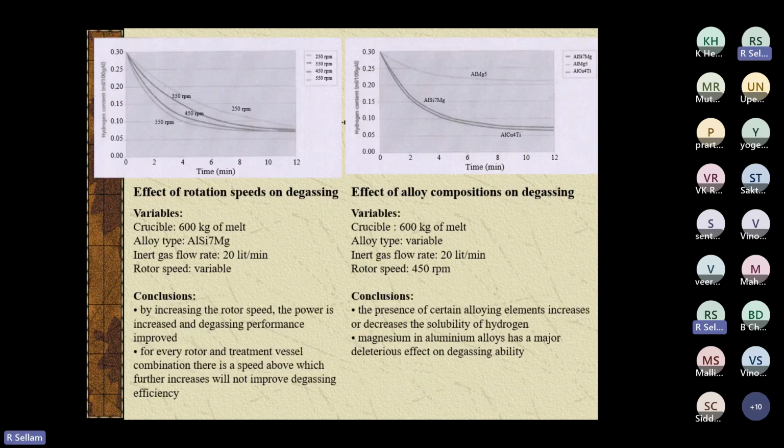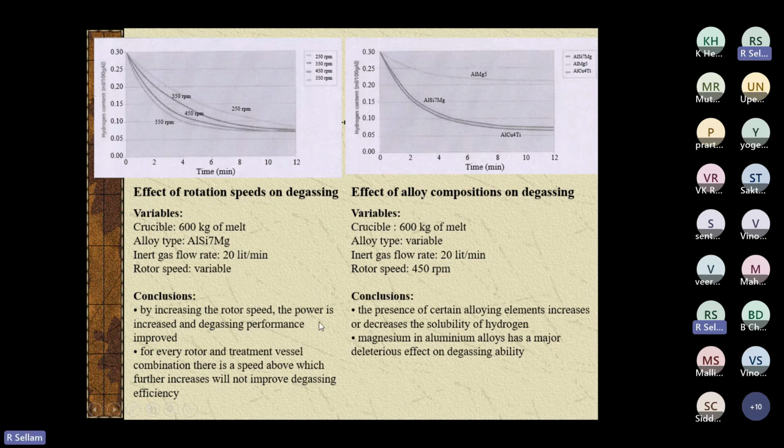Then you have to define the rotation speed and the gas flow rate, 20 liters per minute. With the rotation speed at 550, 6 minutes is the optimum time for a particular alloy, the aluminum-silicon 7 magnesium LM25 group of alloys.